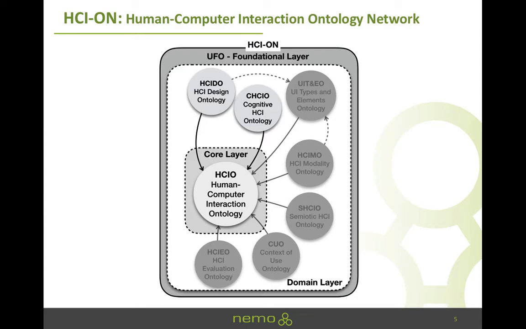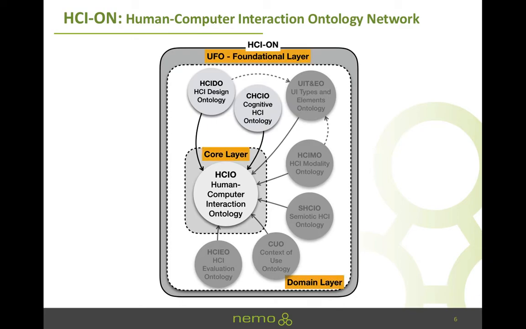I want to draw your attention to this figure, which shows our current version of HCI-ON. We designed HCI-ON to cover relevant HCI aspects and to provide knowledge to talk about the whole life cycle of HCI projects.